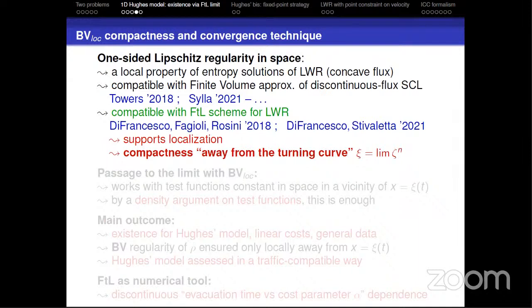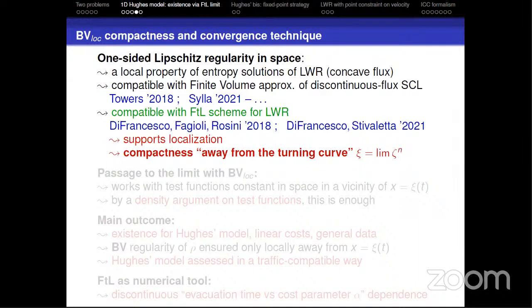If you stay with the Eulerian representation, what you directly see from the FTL scheme is exactly the Oleinik or Hoff inequality that encodes the entropic nature of the solution. But now what I'm interested in is just the compactness, the BV loc, not the compatibility with the entropy.